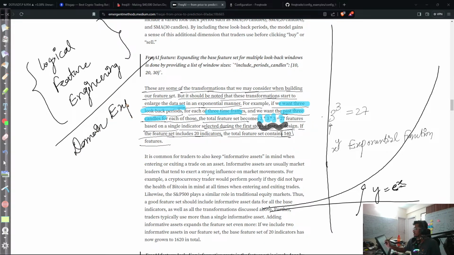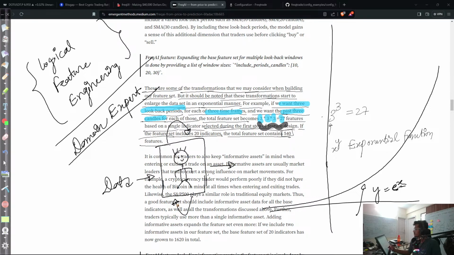Domain expert, yeah. So suppose you have this data of yours, you basically pass it to a domain expert. Now this guy is a domain expert. So you pass it to him, and he does his own magic of domain experts.